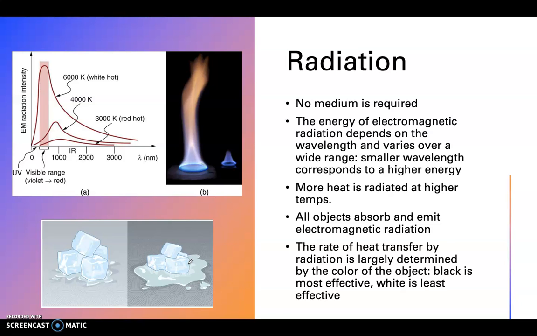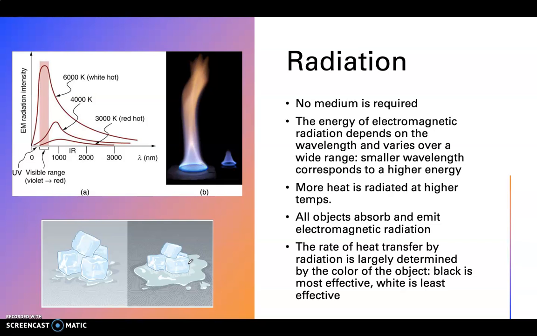All right, so the last one is called radiation. And what's interesting about radiation, the first thing is that there is no medium required for this to occur. Radiation happens in space. That's how we can detect stars and so forth. The energy of electromagnetic radiation depends on the wavelength and varies over a wide range. A smaller wavelength corresponds to a higher energy.